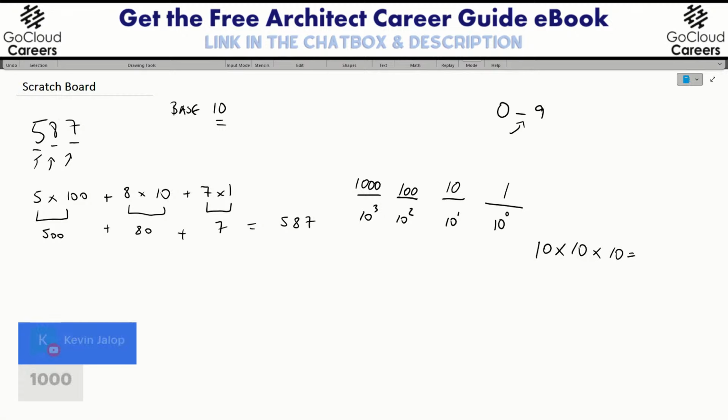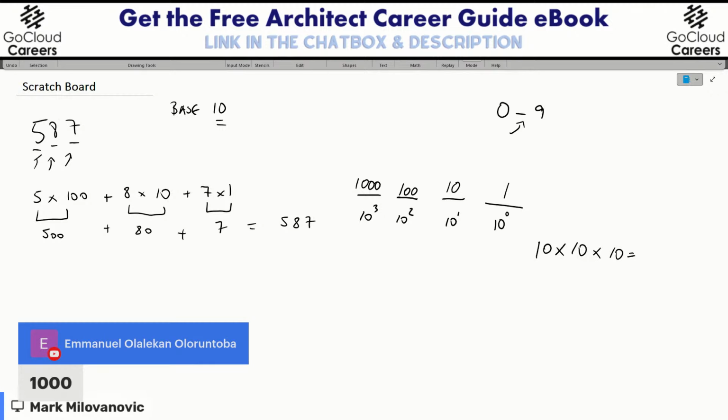Fantastic. So this is the way that we base our system, the decimal system, and how we came up with the different values across the different columns. So it's very basic math.